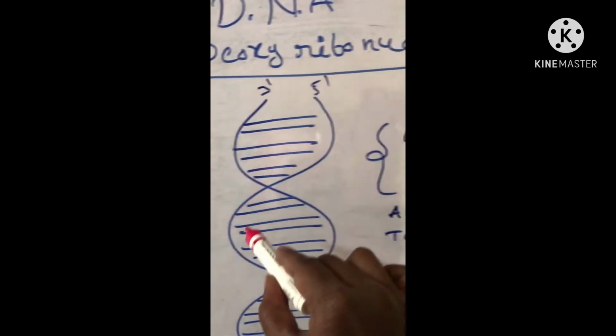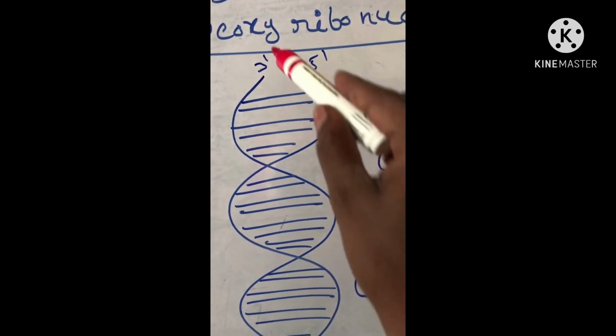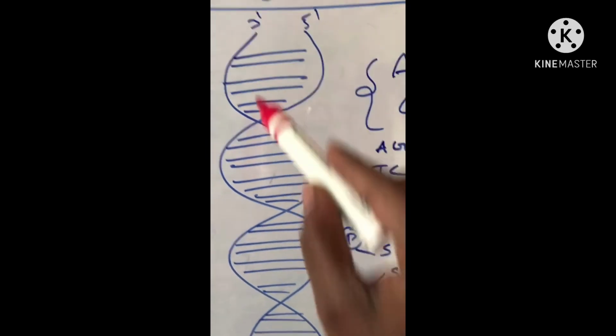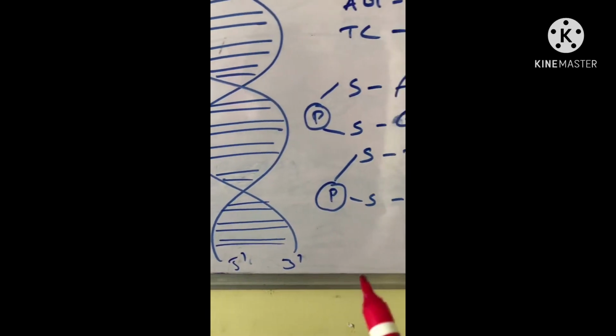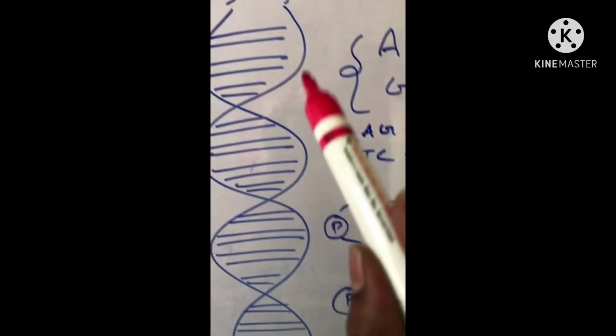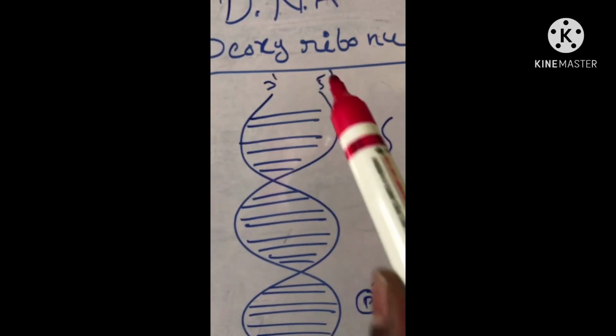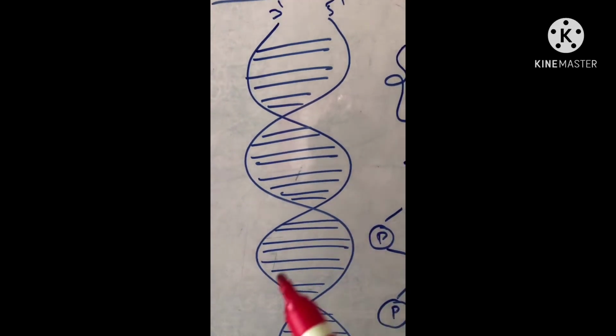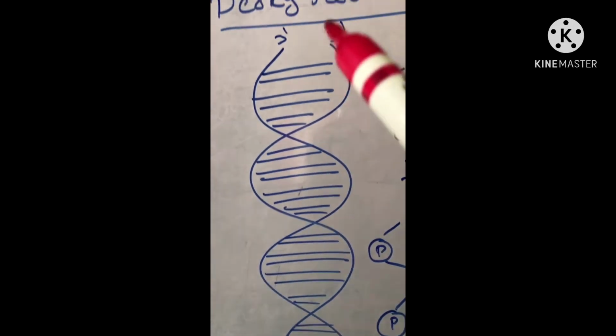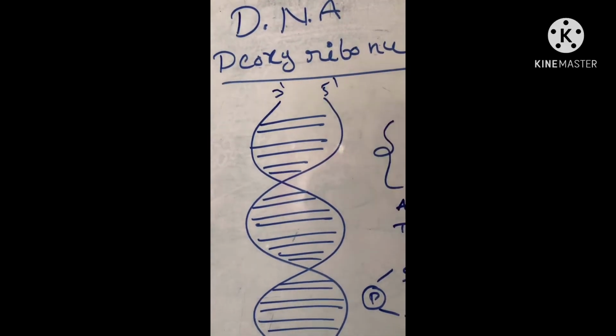They show the opposite polarity. Here one is 3' and 5' end, another one is 3' and 5' end. In this manner a number of nitrogen bases are arranged in the DNA.